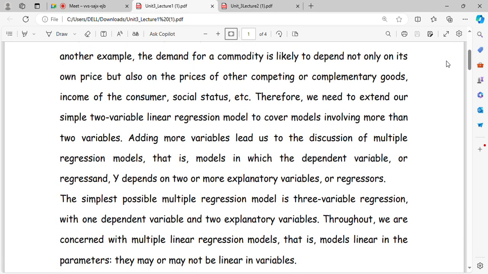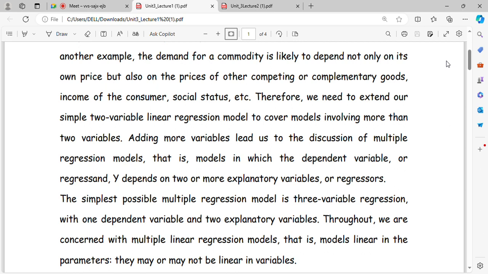That means in the previous simple linear regression model, we assumed that y is only affected by x. In this multiple linear regression model, we will consider that y will be affected by more than one x. That means it can be affected by x1, x2 and other factors.